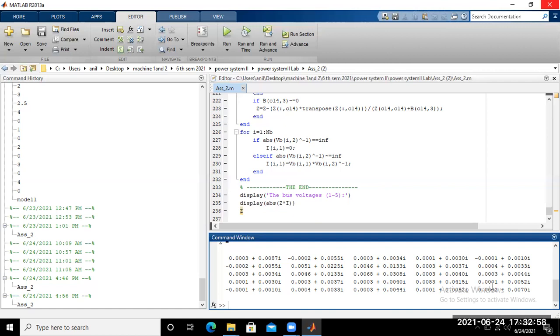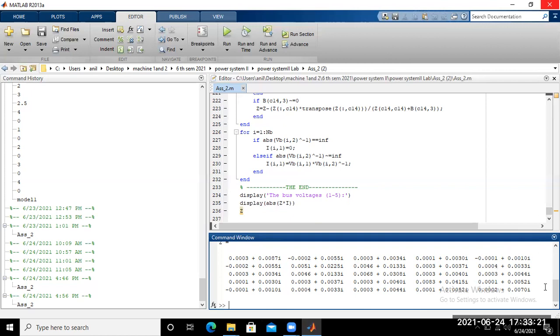So this is the impedance matrix of the given system. If you change the parameters of the transmission line, then the value of the impedance matrix also changes. So you may put here the values of the transmission line parameters according to your numerical problem.